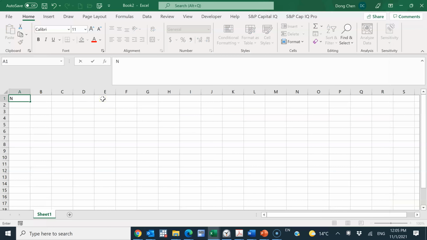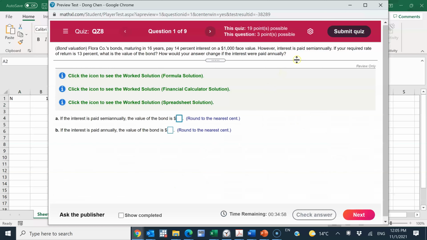So let me put that as 16. Remember, the number here represents the number of years. Why that matters? Because here it says the interest is paid semi-annually. So we need to ultimately work with the semi-annual numbers for each input.